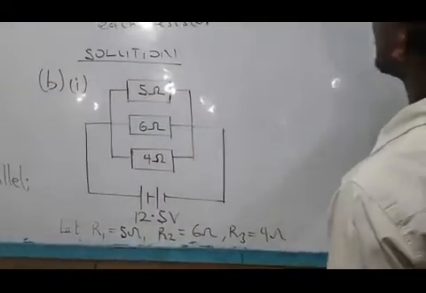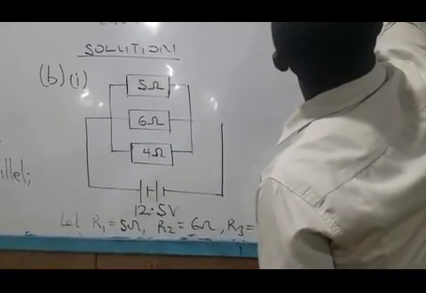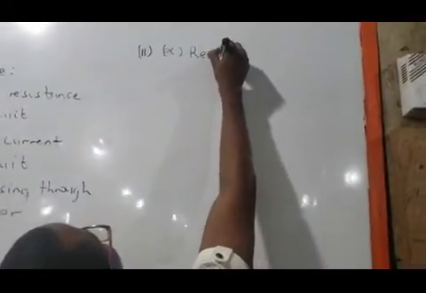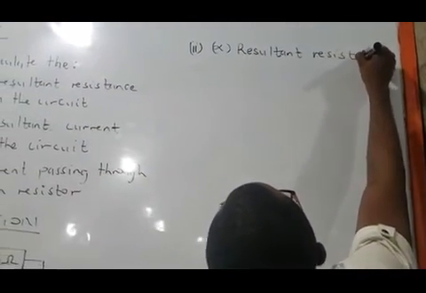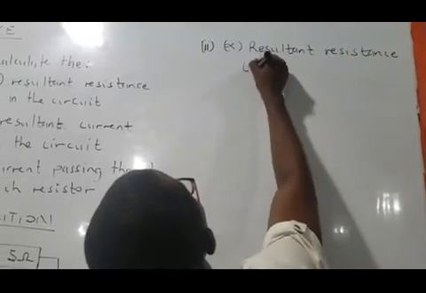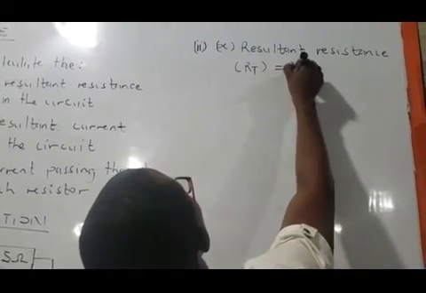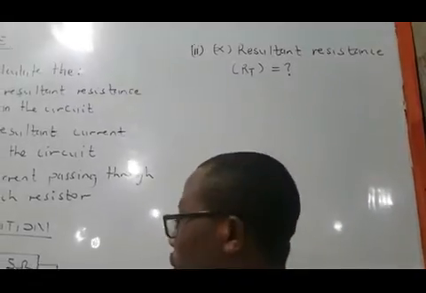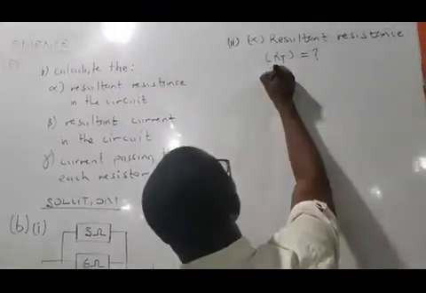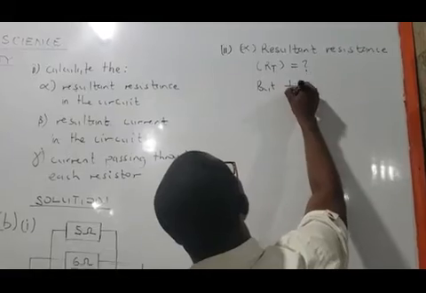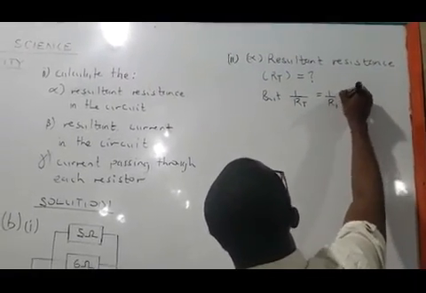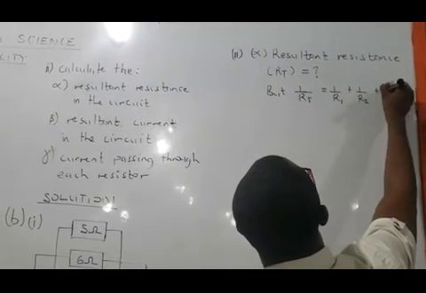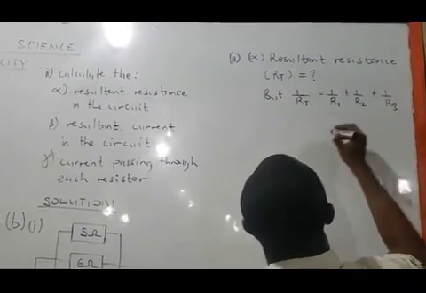Now part II, alpha, the resultant resistance, RT. For parallel connection, the equation is 1 over RT is equal to 1 over R1 plus 1 over R2 plus 1 over R3.